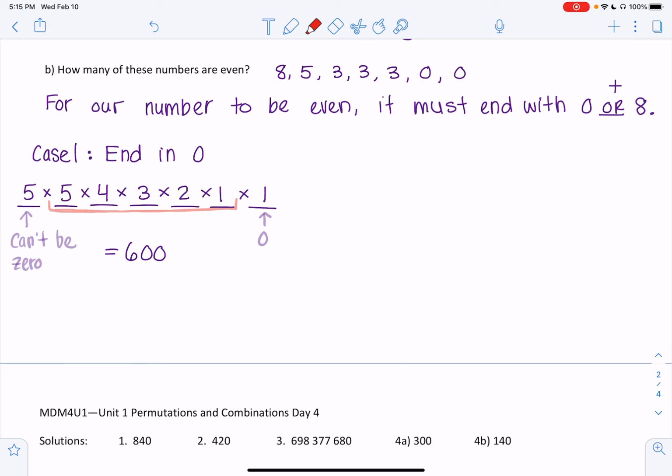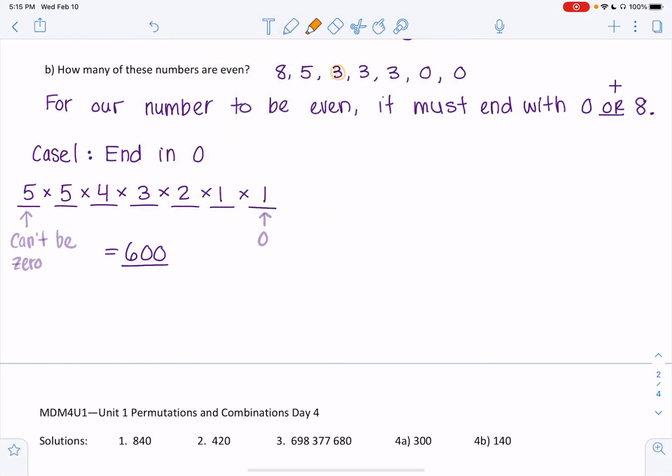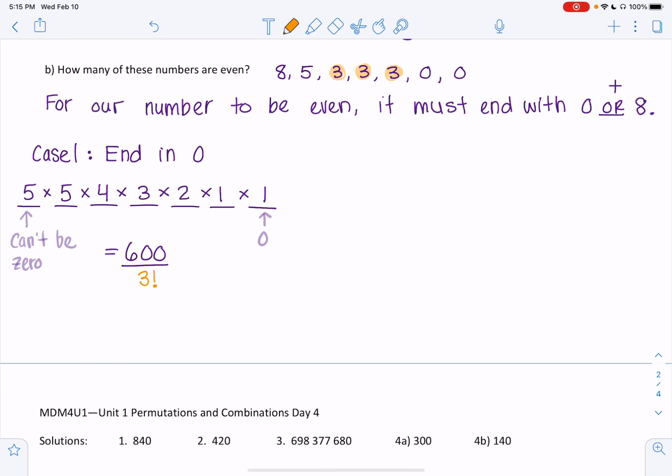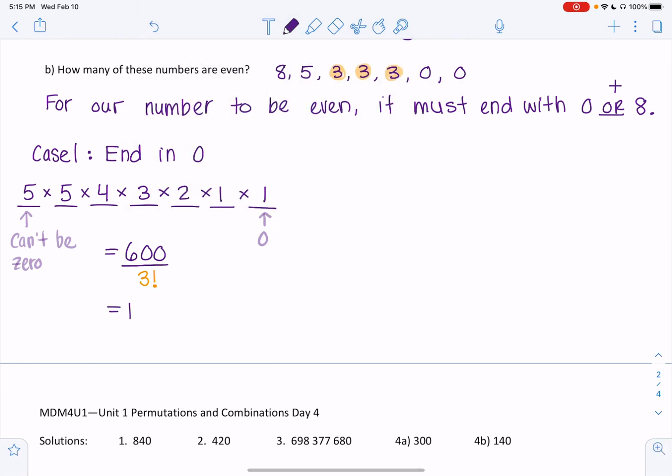That means, for this particular case, 0 is no longer an identical term. There's only one 0 that could move around, so we don't need to account for that. However, we still do need to account for those 3s. Those ones are identical terms, so we'll divide by 3 factorial because there were 3 3s. And that will give us 100.